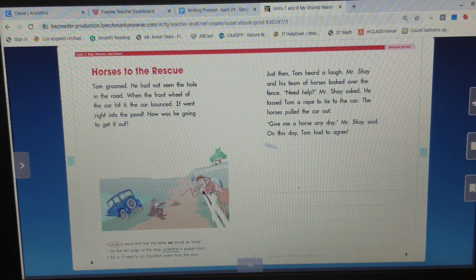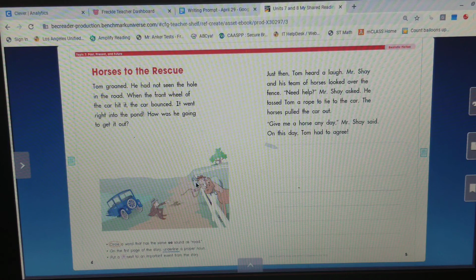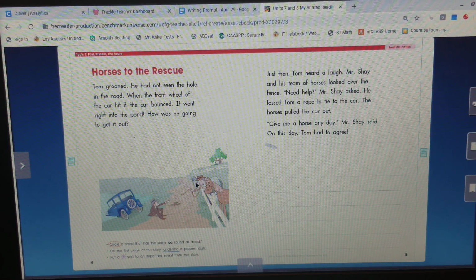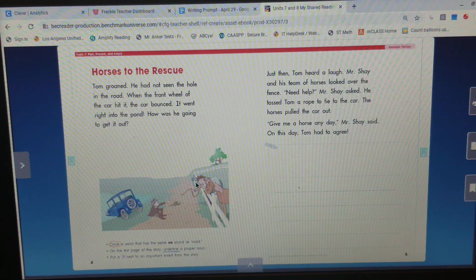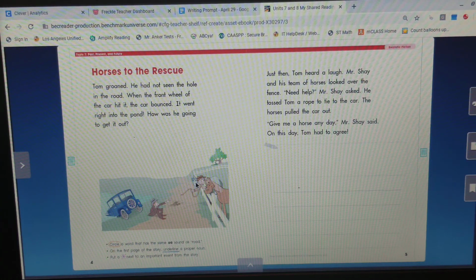I'm making another connection. Today, if a car gets stuck somewhere, we have something else that can pull the cars. Can you think of what that thing is? Yes, it's called a tow truck.